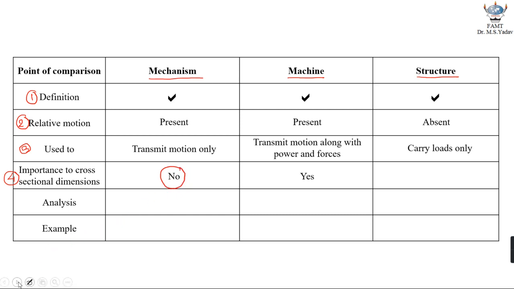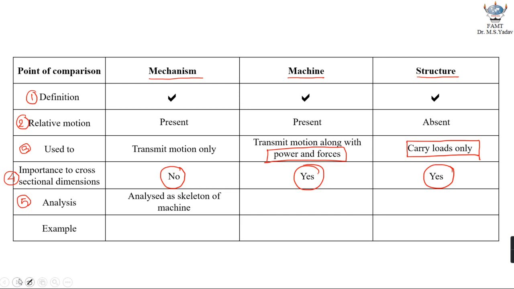But in the case of a machine, since it has to transmit huge power along with forces, importance is given to the cross-sectional dimensions. Similarly, since a structure is used to carry heavy load, importance is also given to the cross-sectional dimensions in the case of a structure. Point number 5 is analysis.